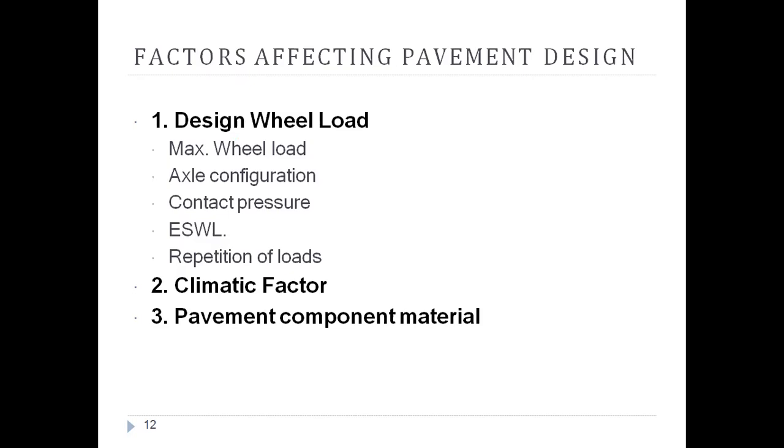The axle configuration, the contact pressure, and the repetition of continuous loads on these pavements can be estimated before laying the pavements, and also the climatic factor, which plays a major role, and the pavement component materials, the materials we are using for the pavements.